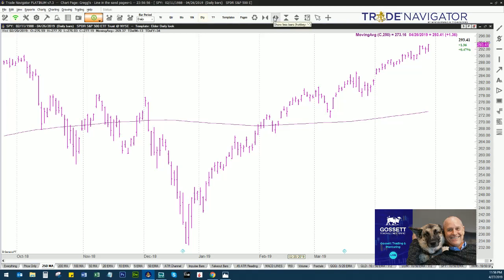Now, I don't use the 250-day a lot, because price isn't around it very often, but I do use it for dip buys. If something closes below the 250, I may buy when it closes back above it and stay in unless it closes below again. If you would have done this, you would have bought here, it would have gone your way, and if you're just using the 250-day simple moving average, you would have stayed out of this whole mess.